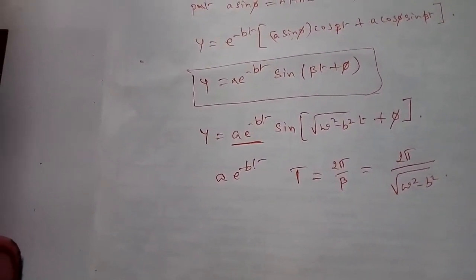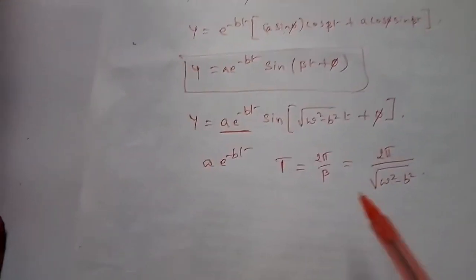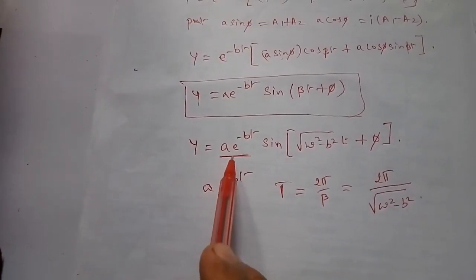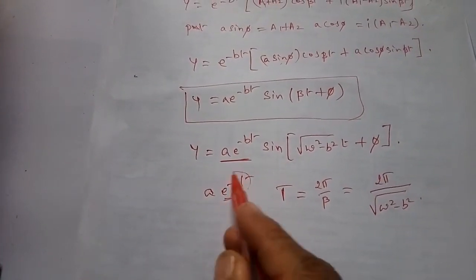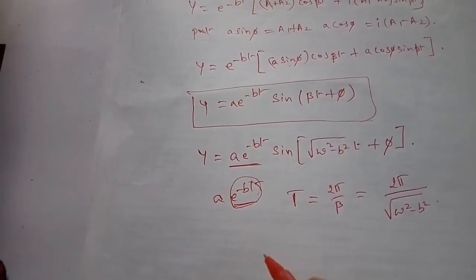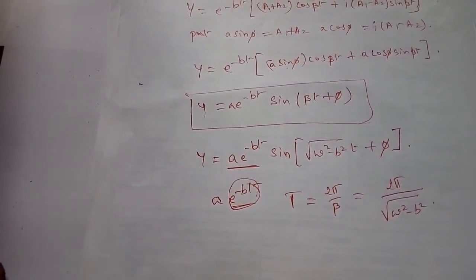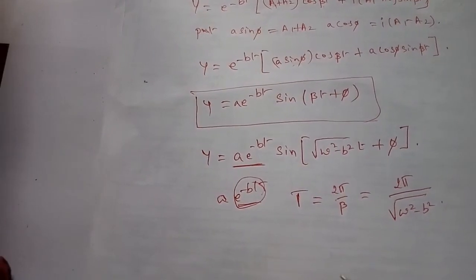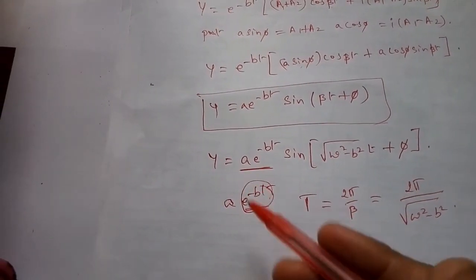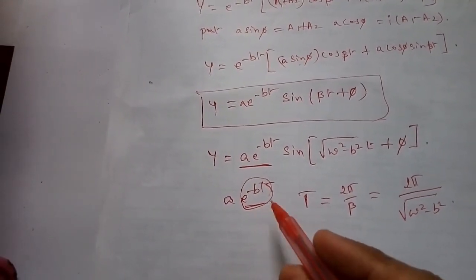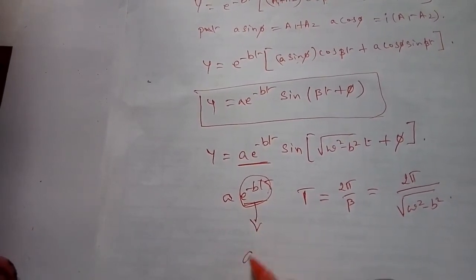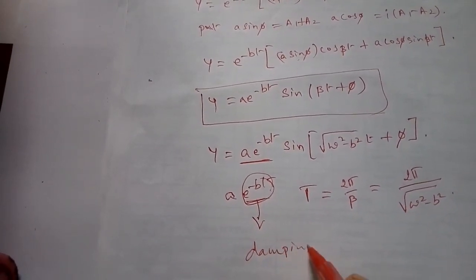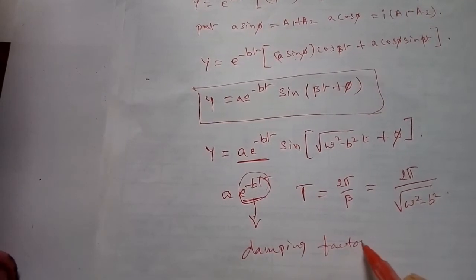The amplitude of vibration continuously decreases, because of this term, that is 1 by e to the power bt. So because of this, it decreases. This factor is called the damping factor.